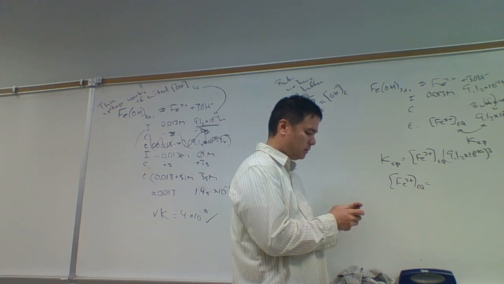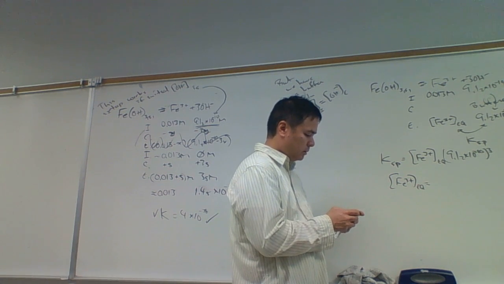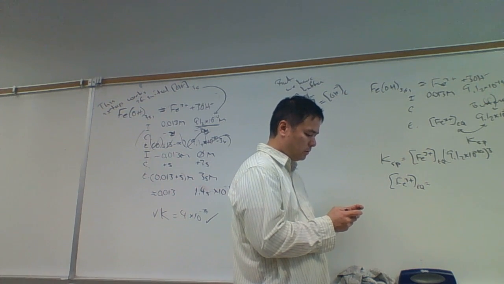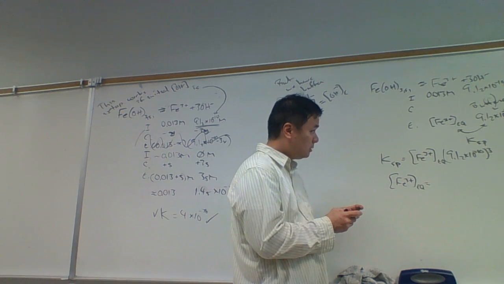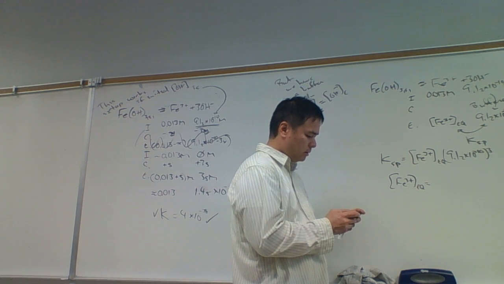Let's see, let me use parentheses here, 9.12 times 10 to the minus 10 cubed.